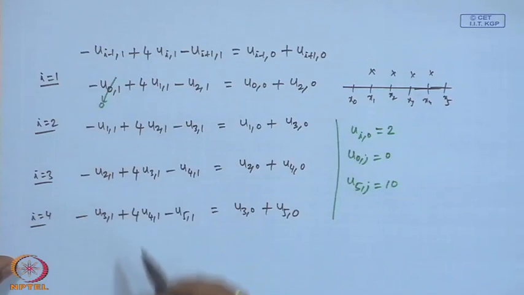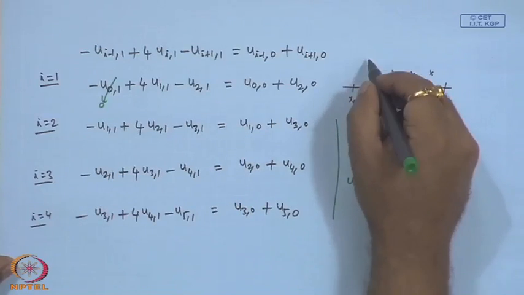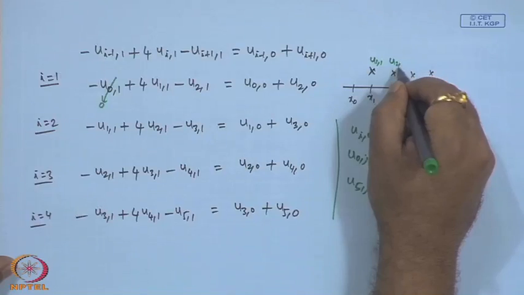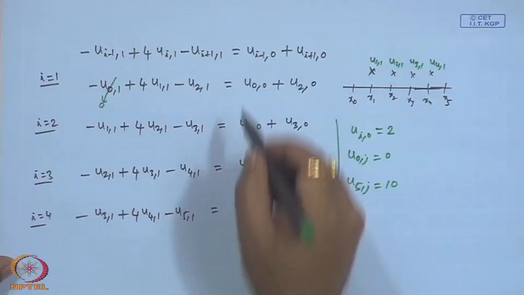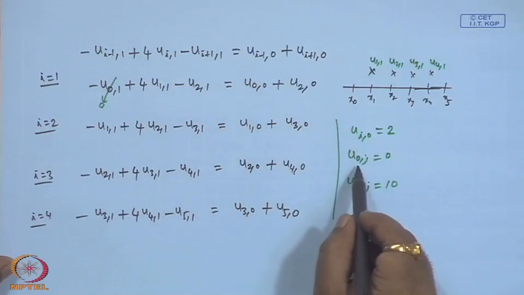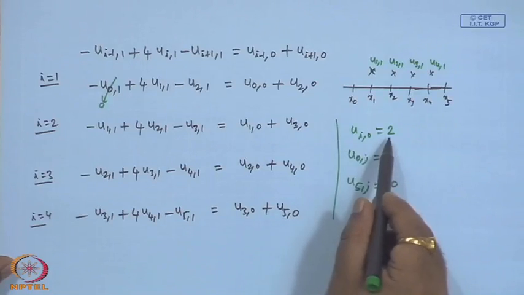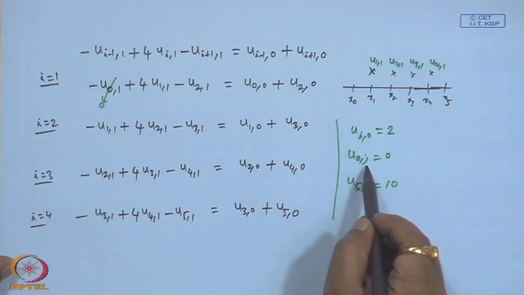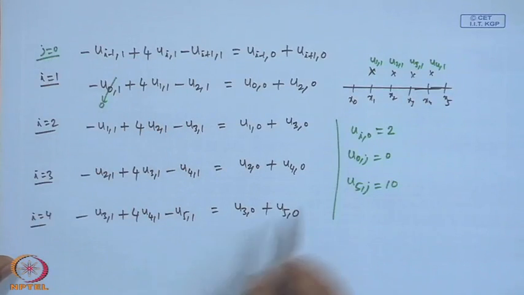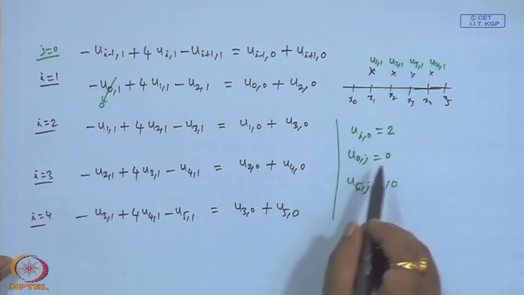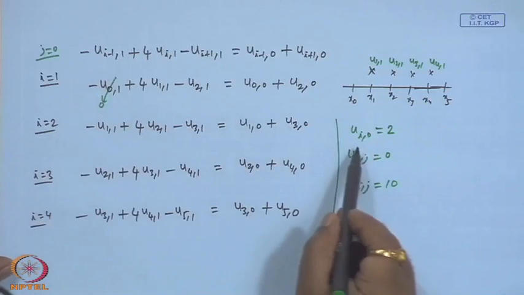So, this is 0. Okay. Then the unknowns, as I mentioned, are u 1 1, u 2 1, u 3 1, u 4 1. Okay. So, u 0 0, if you recall this equation when we have written for j 0. Hence, we have to use this value, not this value, because this is from I. Okay. We are running the equation from I 1.